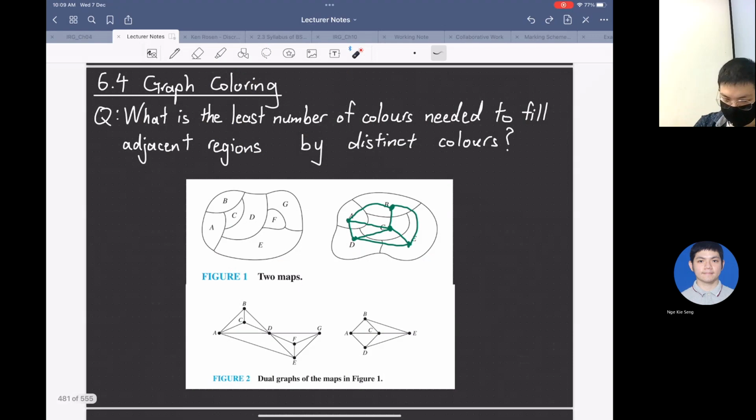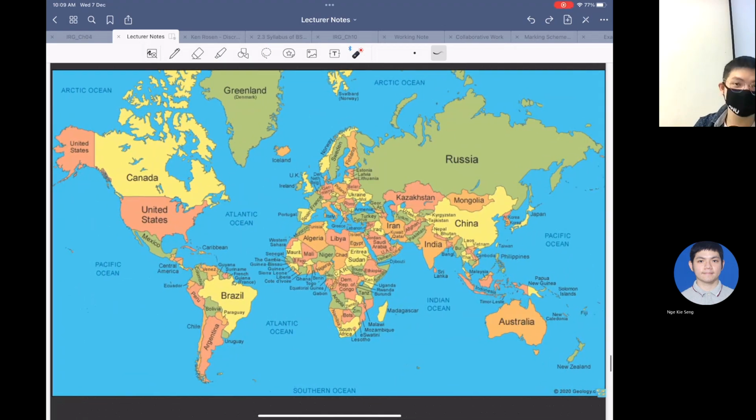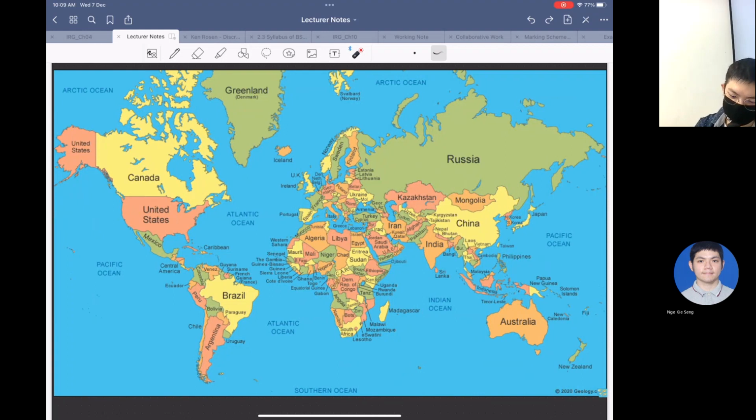Before that, we can see this world map. How many colors do they use to color the map? 3 colors? 4. Okay, good, 4, right? The eyesight is very good.